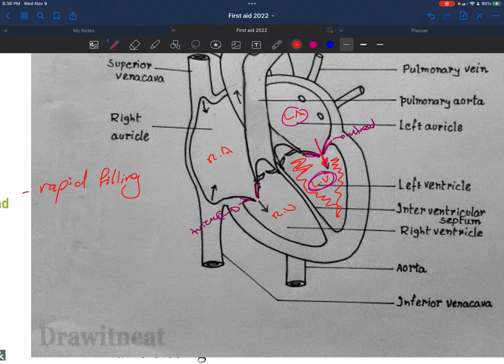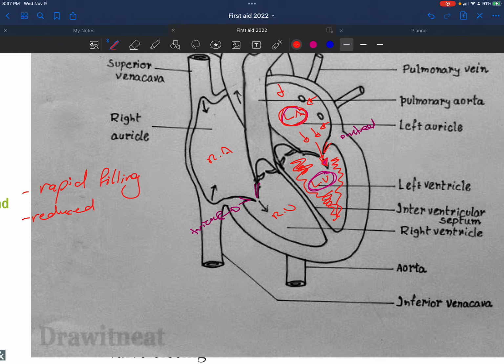And then after a while, the mitral valve wants to close because the left ventricle has a lot of blood within it. The left atrium still wants to push a little bit more blood into the left ventricle, so it makes an extra effort of contracting more. This additional, harder contraction of the left atrium to push a little more blood into the left ventricle before the mitral valve closes is called the reduced filling.